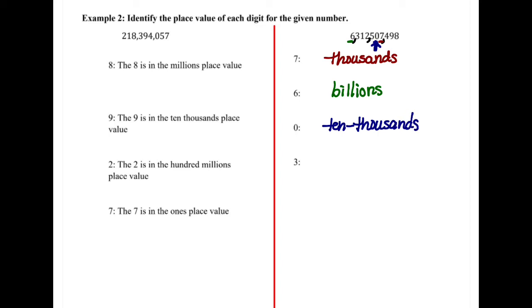Okay, and the very last one here, the 3. Now they wouldn't ask you to do this if they had 2 3s, you know what I mean? So the 3 is in the millions, because this is the ones, thousands, millions, and it's in the third position of the millions, so it's 100 millions.